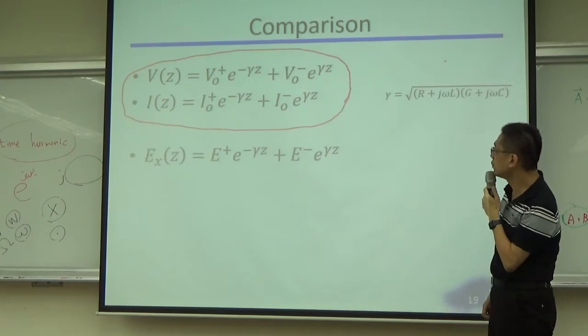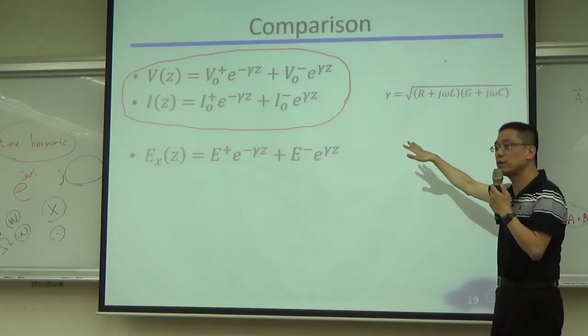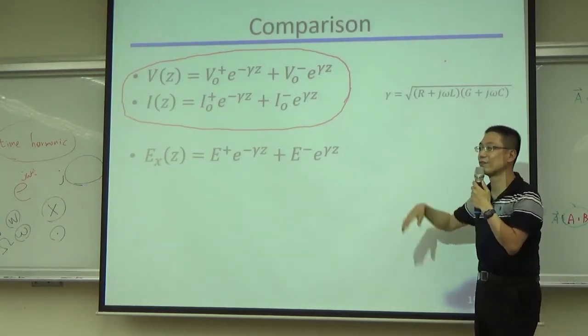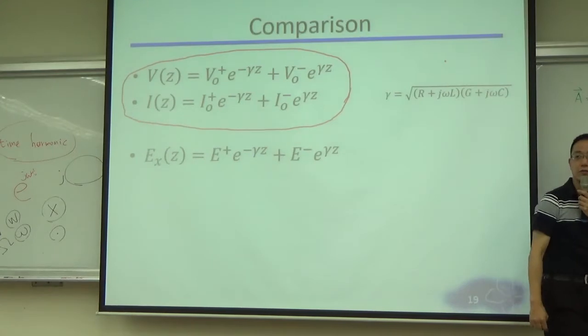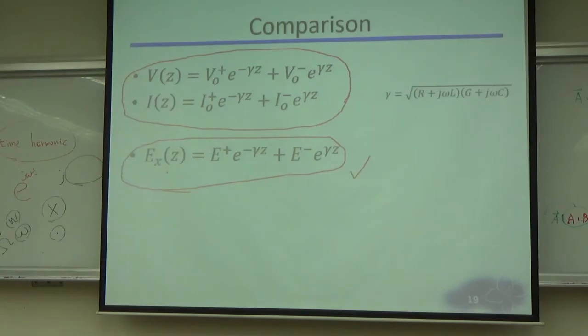I think if you paid attention in chapter 1, this part will be much easier because there are no vectors, only scalar functions. This is to remind you, this is the formation for the E field, and we will have a similar formation for the voltage and current.